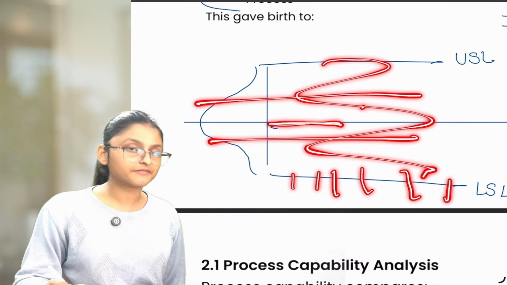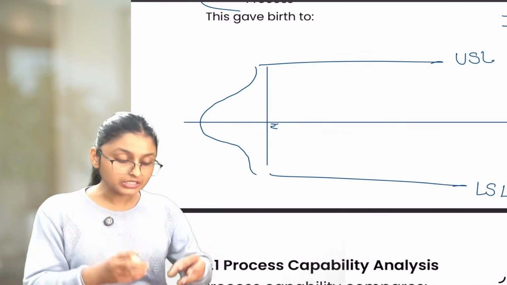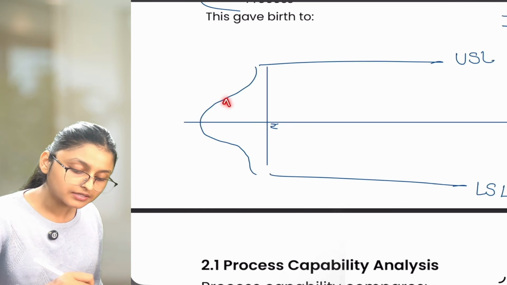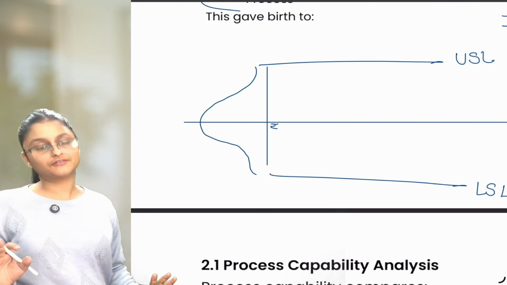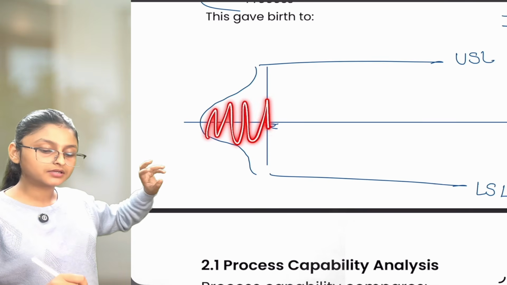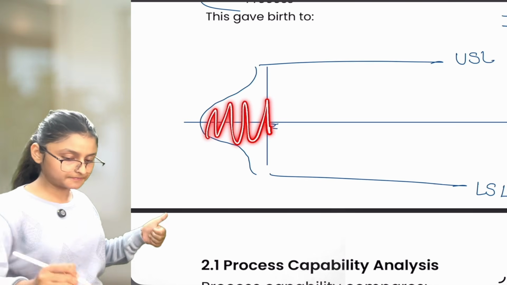If this is the average, then most of the data is going to come here only, near our averages. But it can also happen that the data comes in the right side or on the left side of the average. But that data will be lesser than what is coming between or near the averages. Done?